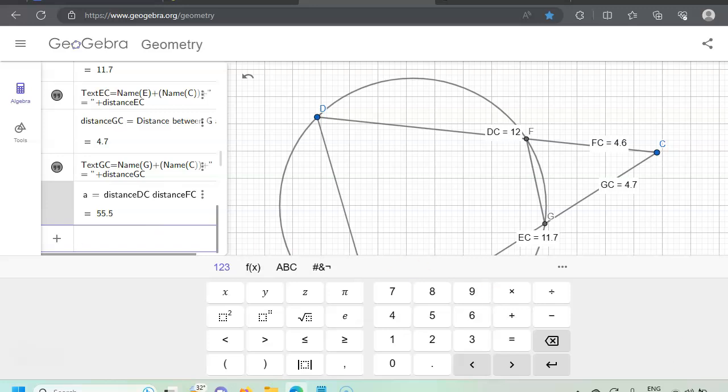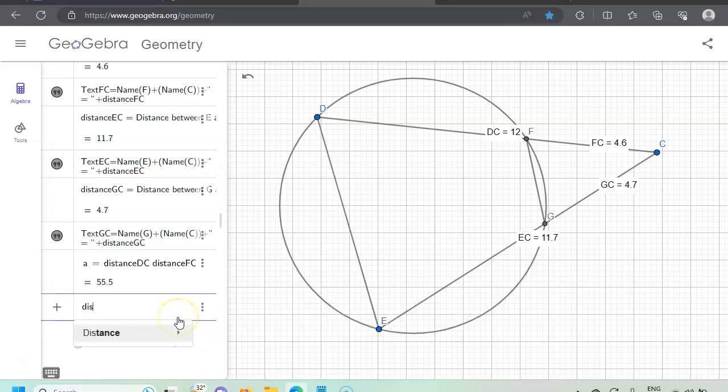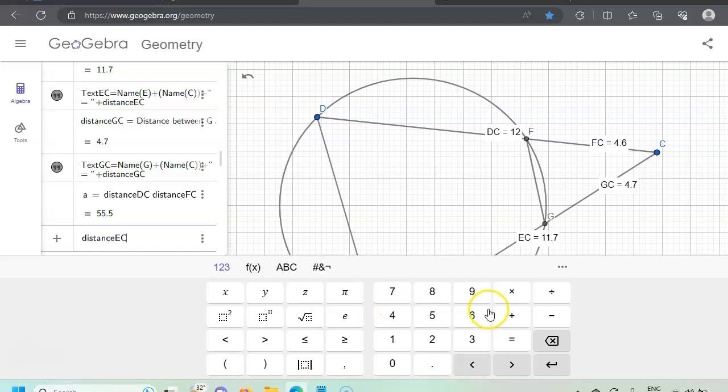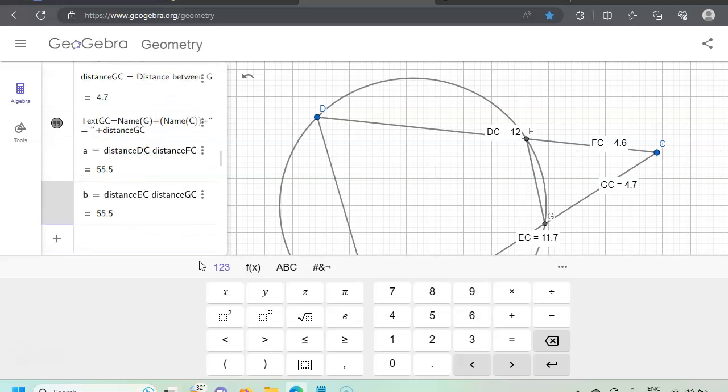And on the other secant, so distance EC times distance GC is also 55.5.